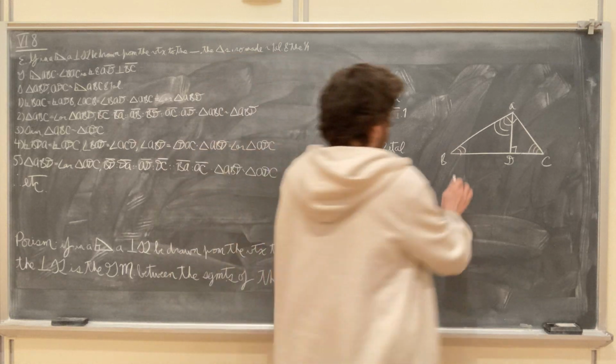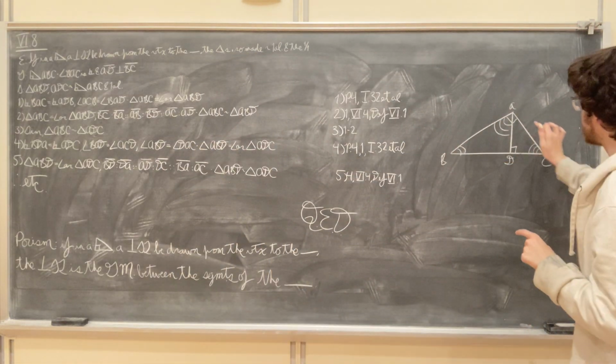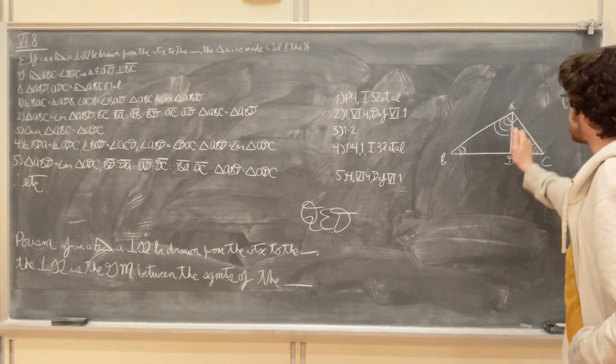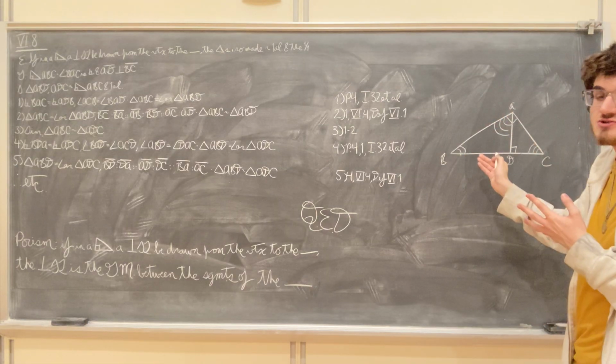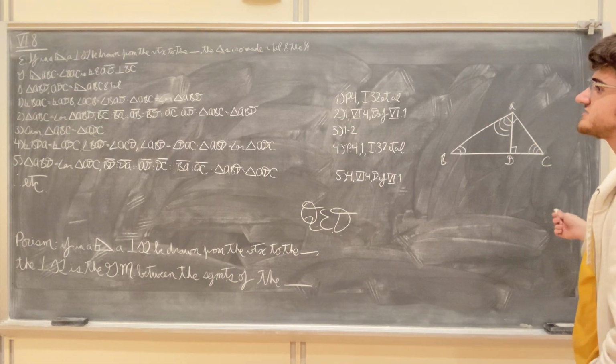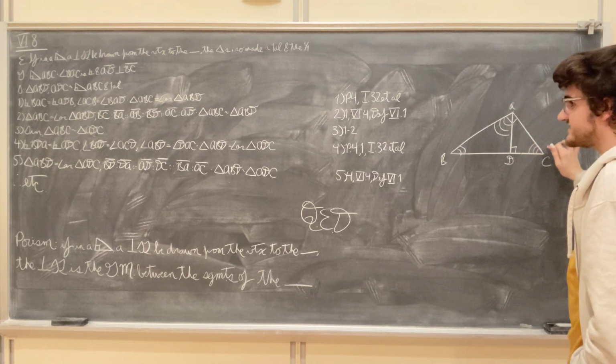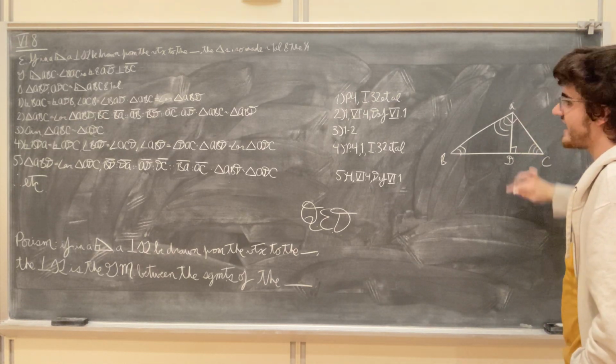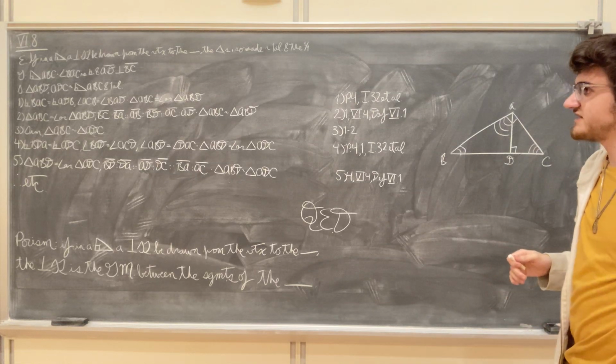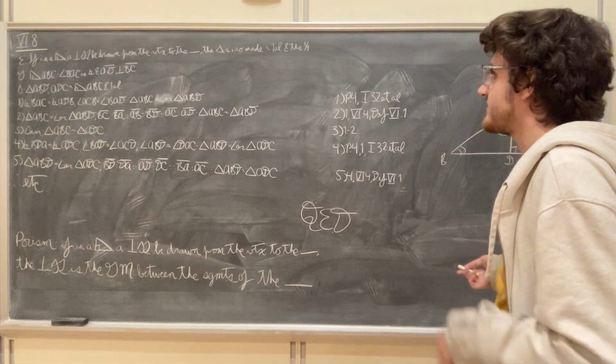So the base BC is going to be to this side AB, just as AB, which is the base of the triangle ABD, is to BD, and just as AC is to AD. These are all the corresponding sides, so they're all going to be proportional to each other.